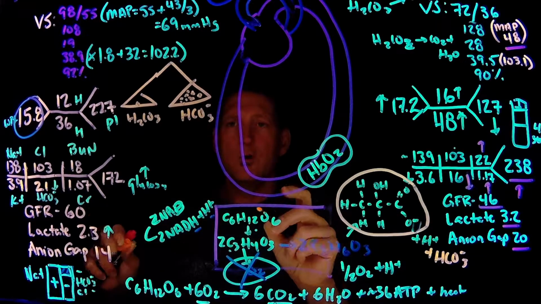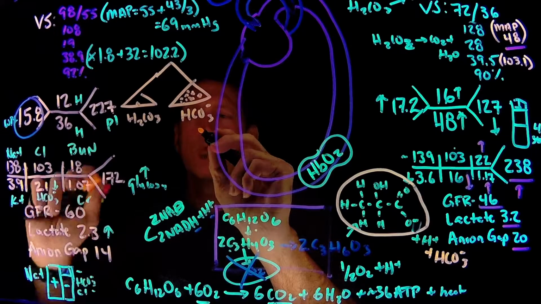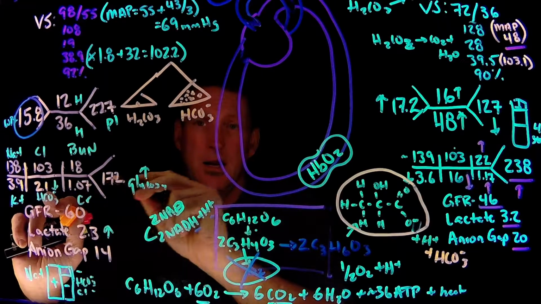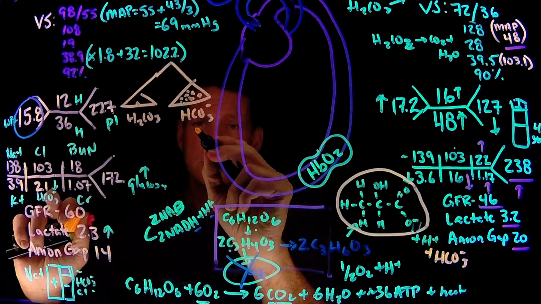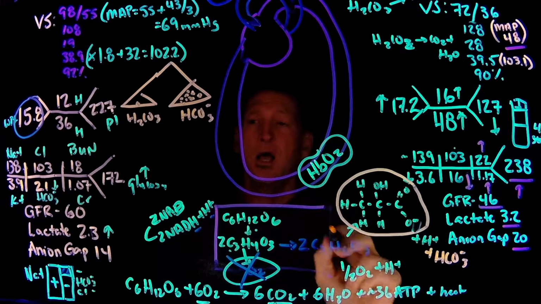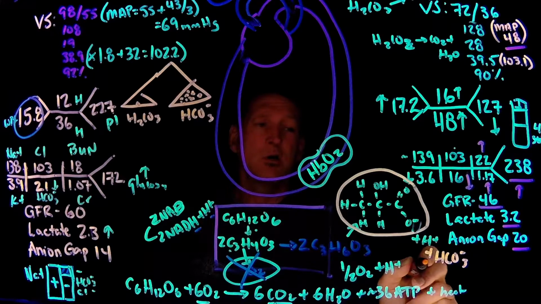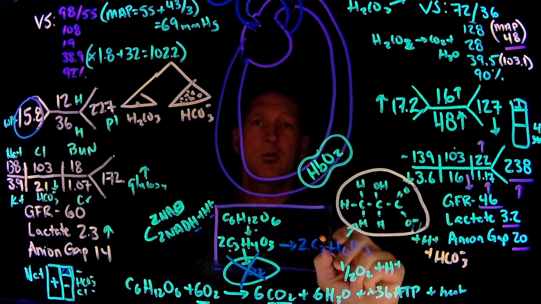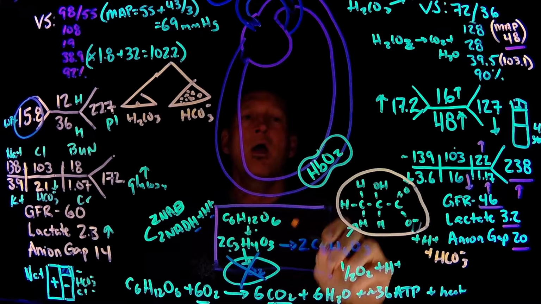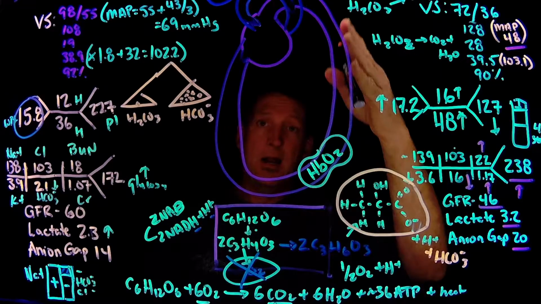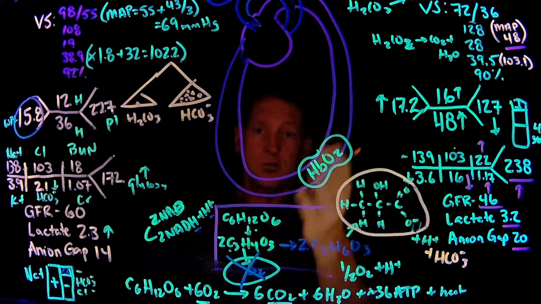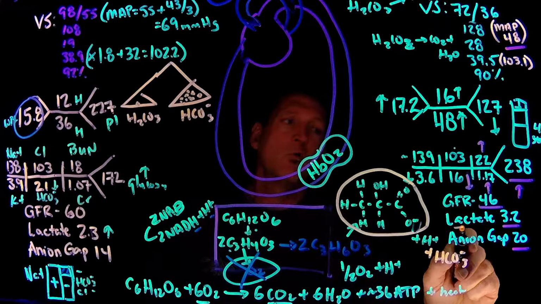Now look what I'm doing. Normally I was at 24, but in this case, I actually started out at a deficit at 21 milliequivalents. So I'd already been doing this for a little bit, and I know that because my lactate was already high. I was already starting to see this lactate molecule in blood. But now, as my perfusion pressures drop and I decrease the oxygenation of the tissue, I start to produce even more lactate.